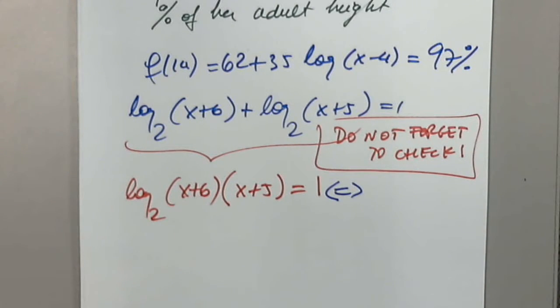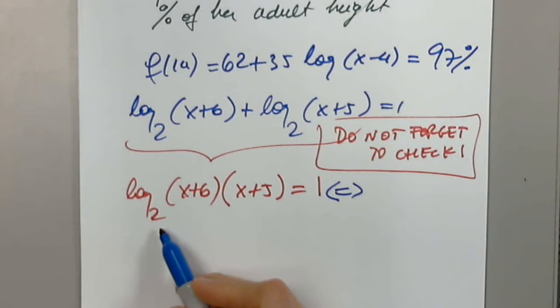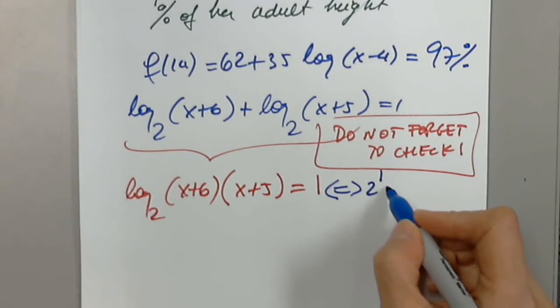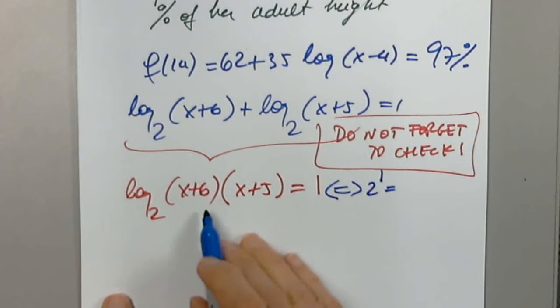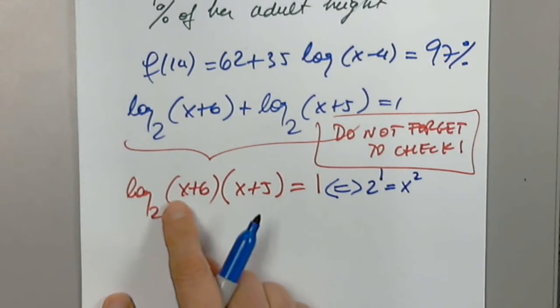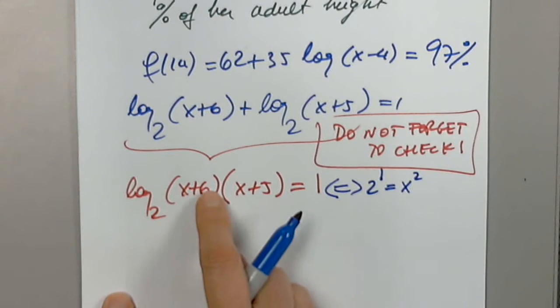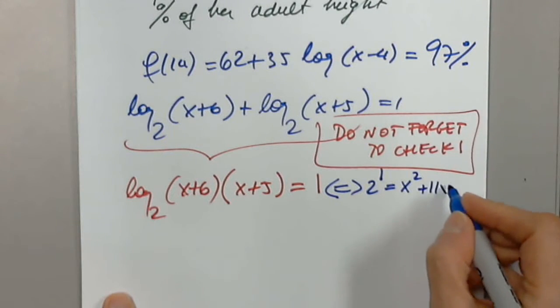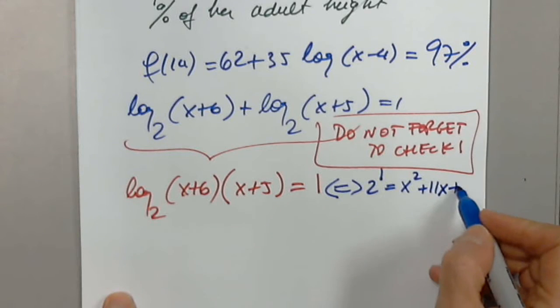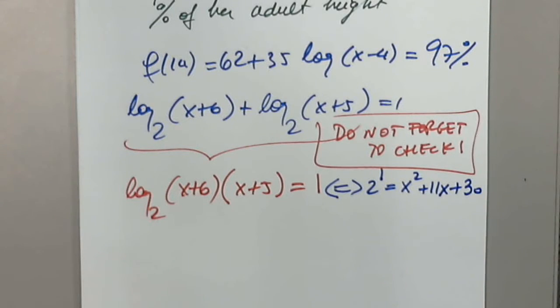How do I convert it? 2 to the 1 exactly equals this. I just want to multiply it. It's x squared plus 5x plus 6x is plus 11x and plus 30. So I didn't want to write it one more time. I was lazy. I'm already multiplied.